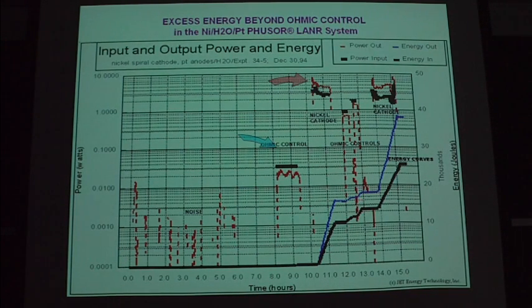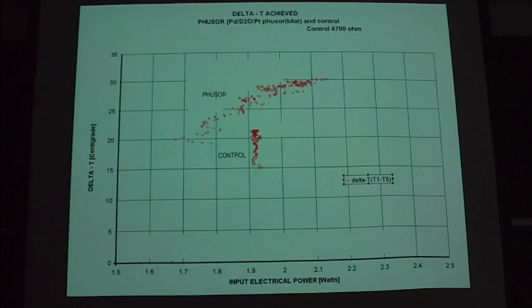Well, you can't see the linear region here. The important point is we do a control, an Ohmic control. Looking at input power between 1.5 and 2.5 watts up to 35 degrees, we're looking at delta T. How much does the temperature rise compared to where it was at the beginning?